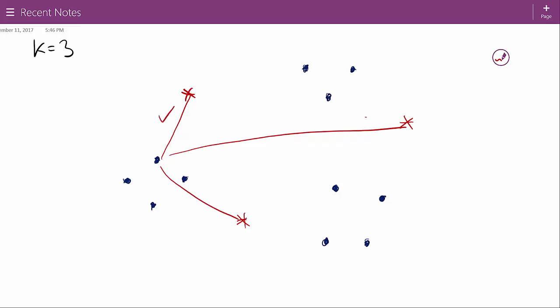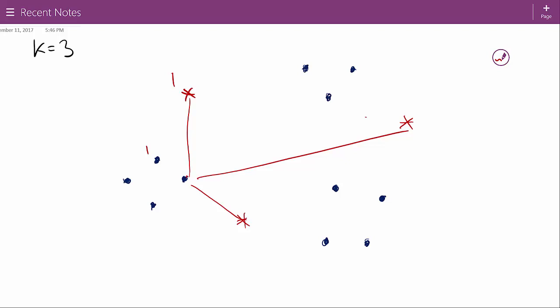I think this one right here. So let's say this is cluster 1, and this point is assigned to cluster 1. And I do exactly the same thing with the rest of them. So this point right here, distance 1, distance 2, distance 3. I think this one is shortest, right? So therefore, let's call it 2, and I'm going to assign that to cluster number 2, okay? And I keep doing that.